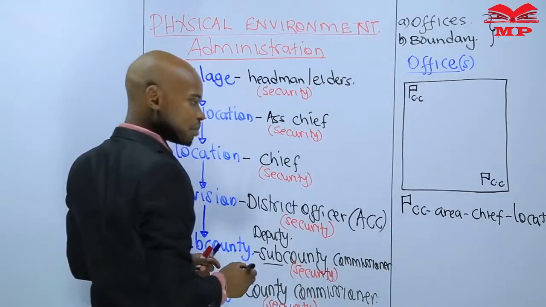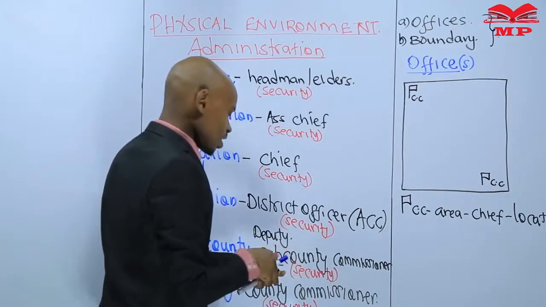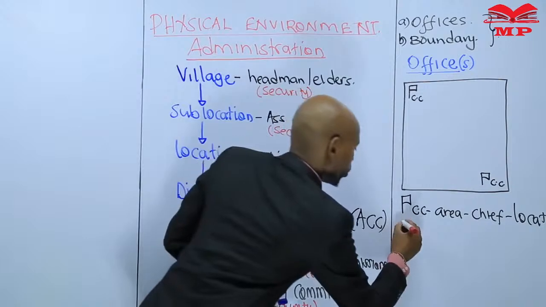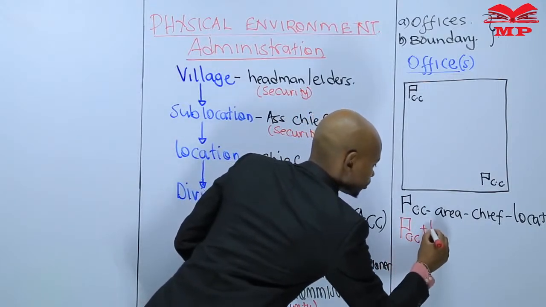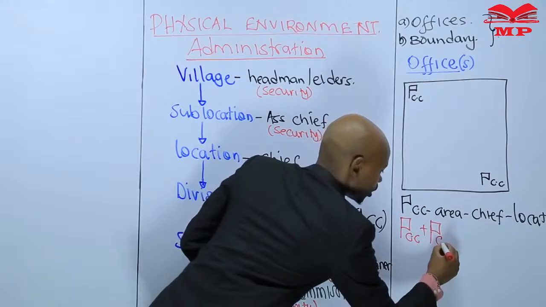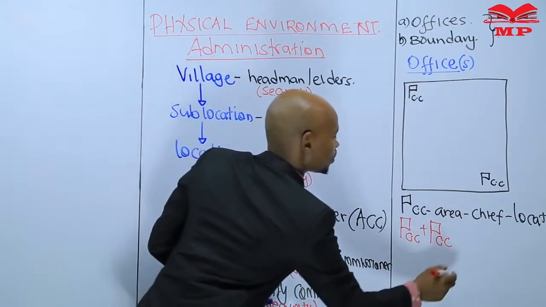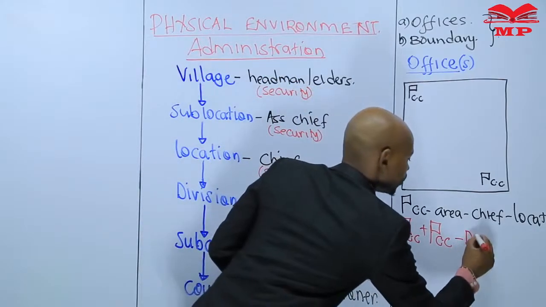That was example number 1. Example number 2, let me use a different color. What if there are two chief camps? A chief camp plus a chief camp means that area is a division.